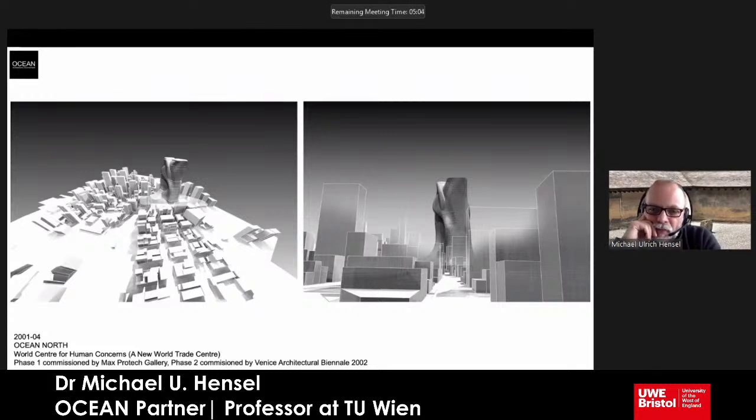And 3 years later, after the 9/11 attacks, not too long after, maybe 3 months or so after, in fact, probably exactly 20 years ago to date, must have been November 2011, we were asked together with other 49 architectural practices to make a proposal for a new World Trade Center.